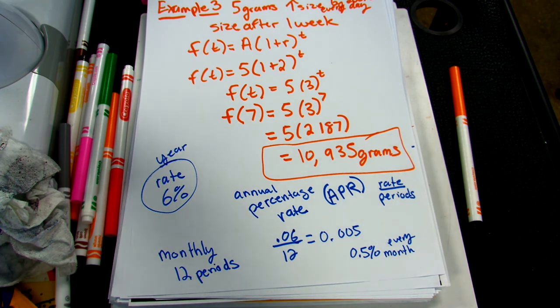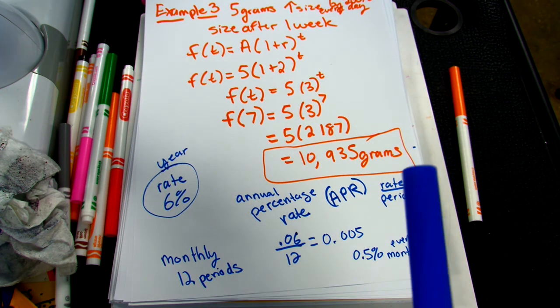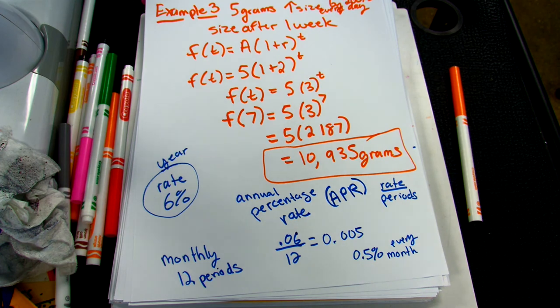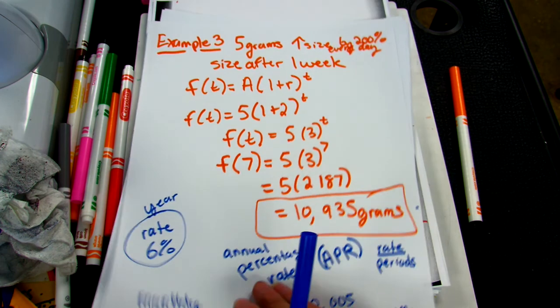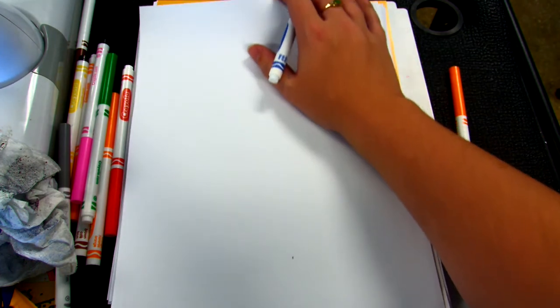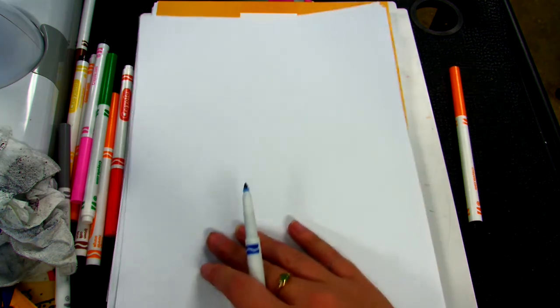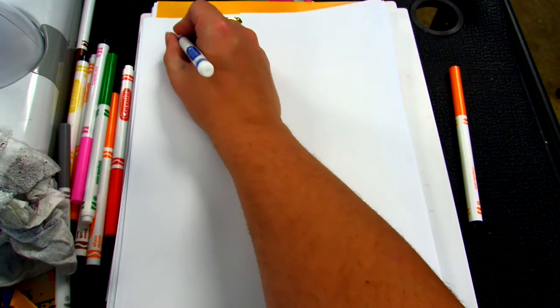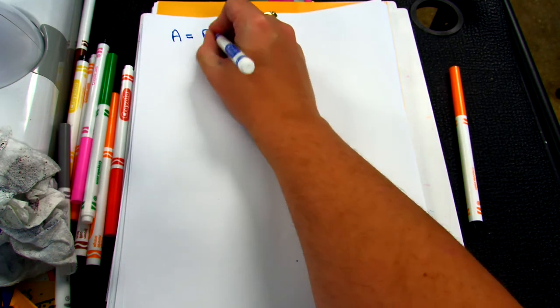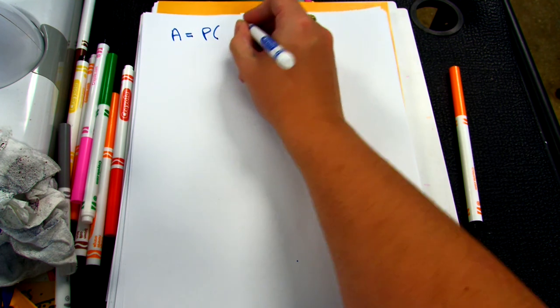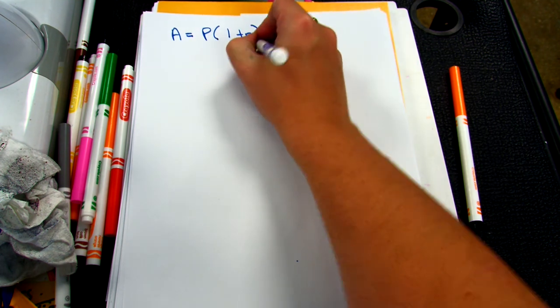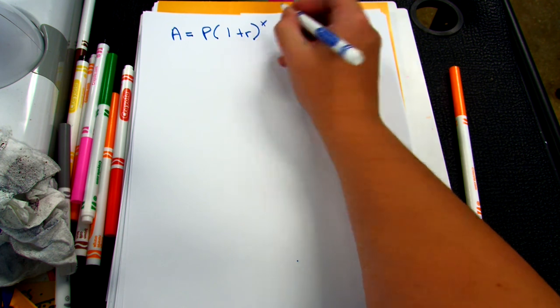So compound interest has a formula, and it's super easy. If you know the formula, then you can pretty much plug everything else in. Okay, so let's go ahead and learn what the formula is. It's A equals P times 1 plus R to the X power.